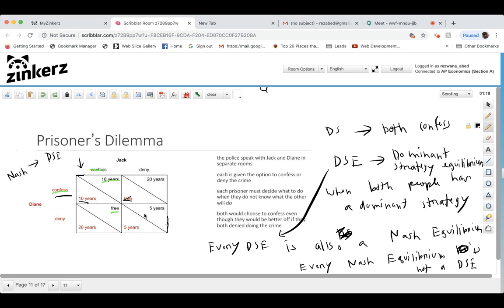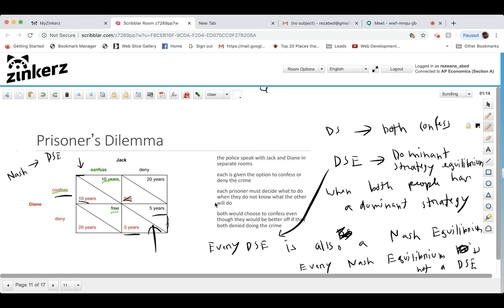But if you take a look at this cell right here, if they had cooperated, right, and kept shut or denied, they could have both gotten a lesser sentence, which is 5 years. That would be much better than the 10 years they would have to do if they confessed.